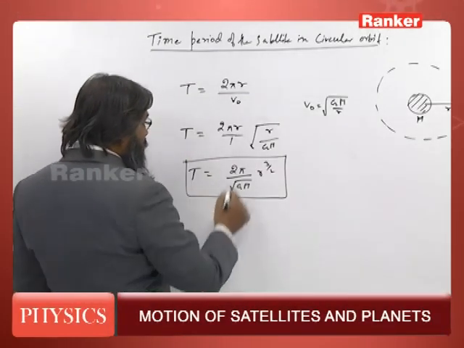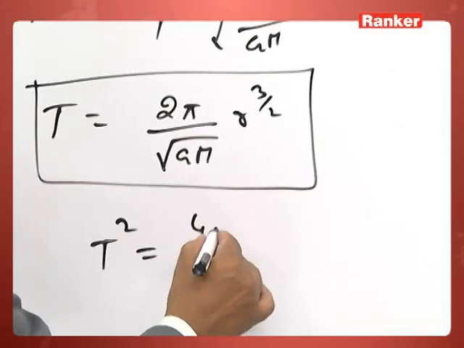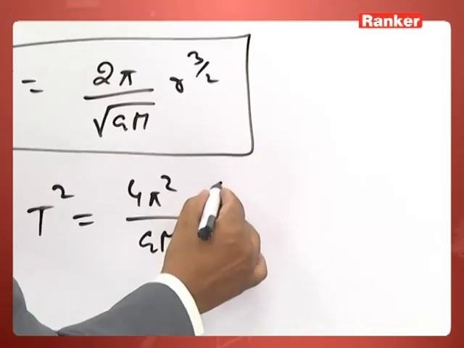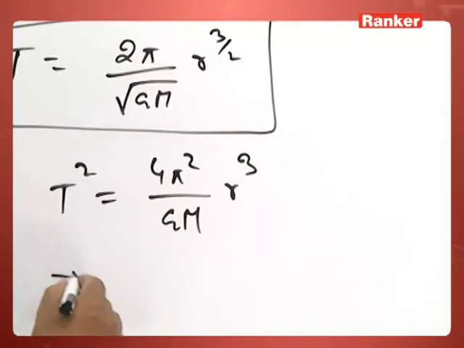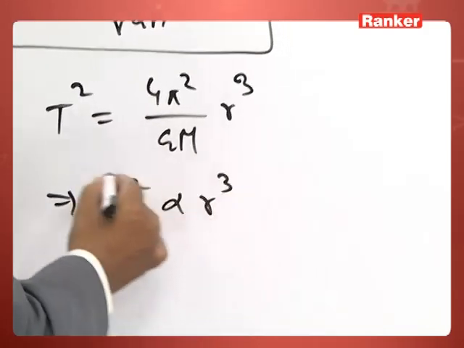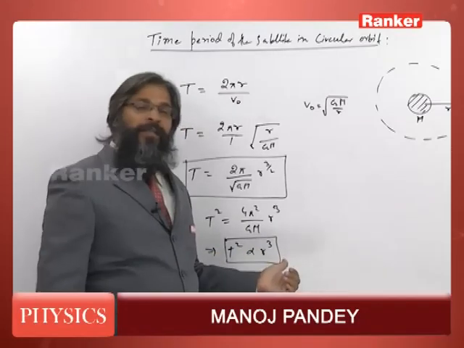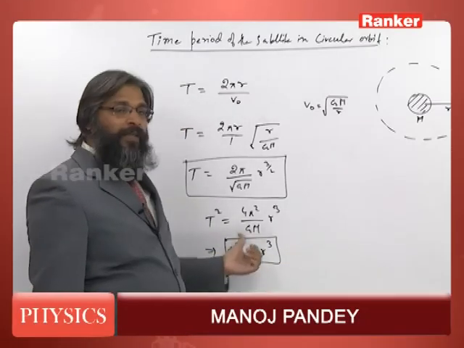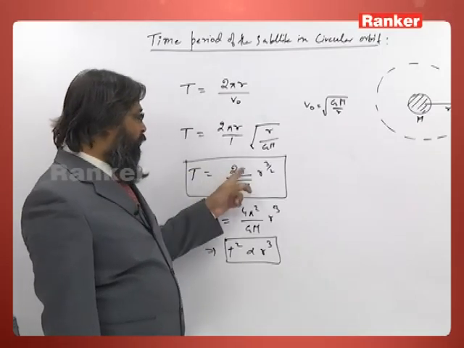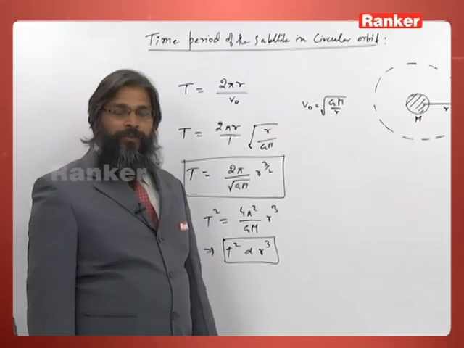If I square it, it is written as 4 pi square r cube by G M. This implies time period square is proportional to r cube, which we will see later on is the famous Kepler's law. Thus the time period is 2 pi root over G M, by r to the power 3 by 2.